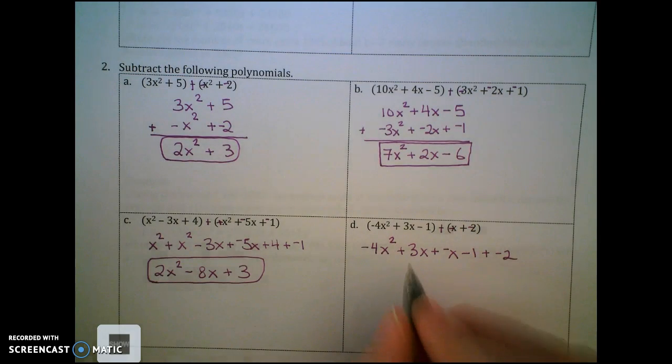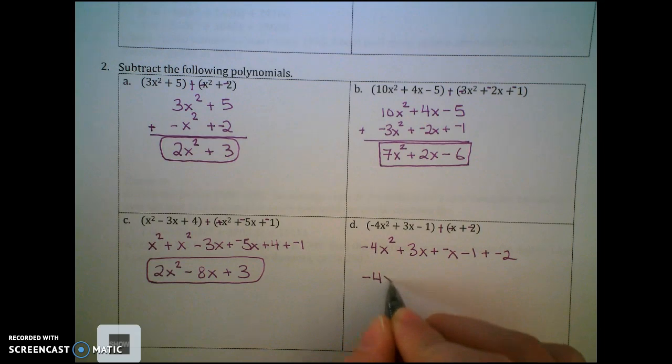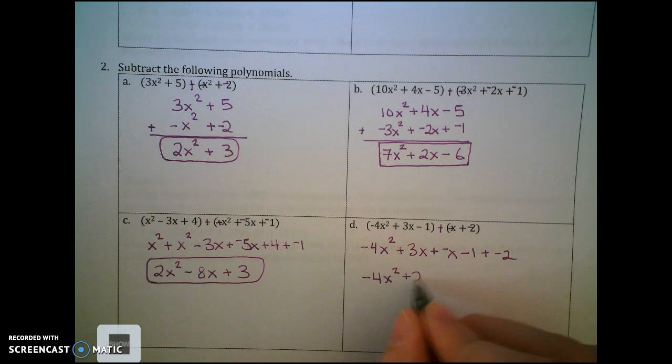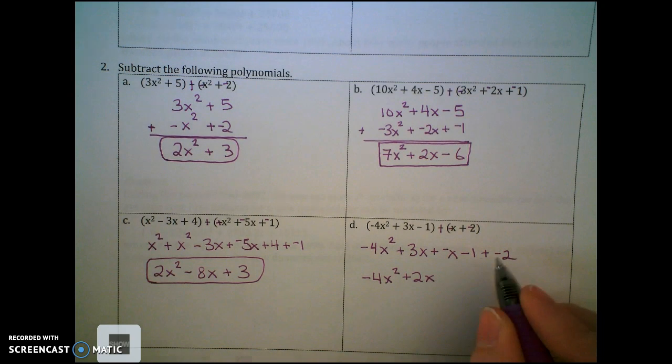Negative 4x squared stays the same because I don't have any terms to combine with it. 3x plus negative x gives me a 2x, and negative 1 plus negative 2 gives me negative 3.